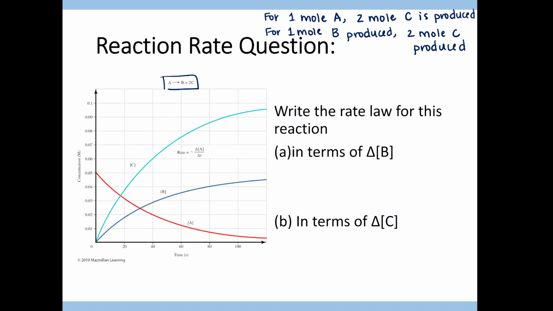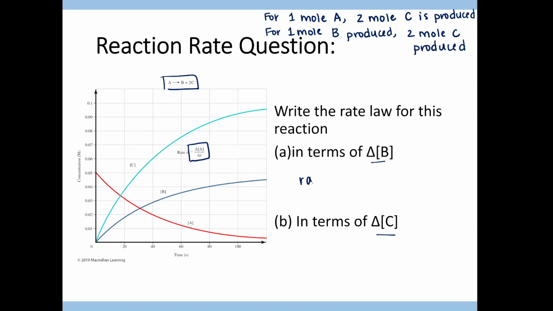And so we can write the rate as the decrease in the concentration of A over time. We can also write the rate law in terms of B and in terms of C. B is generated with 1 mole of B for every 1 mole of A used.